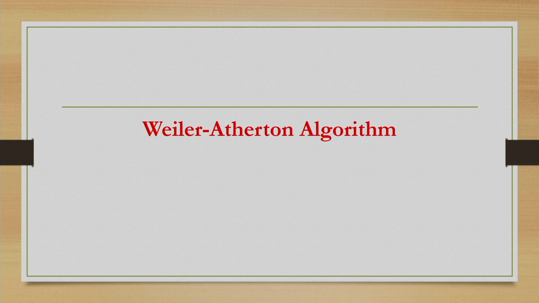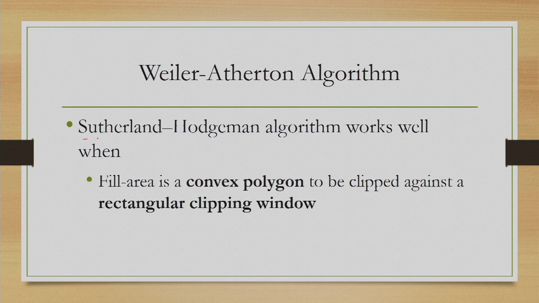Now, let us move to our next algorithm, that is the Weiler-Atherton algorithm. The Sutherland-Hodgman algorithm that we just discussed works well when the fill area is a convex polygon and it is to be clipped against a rectangular clipping window.